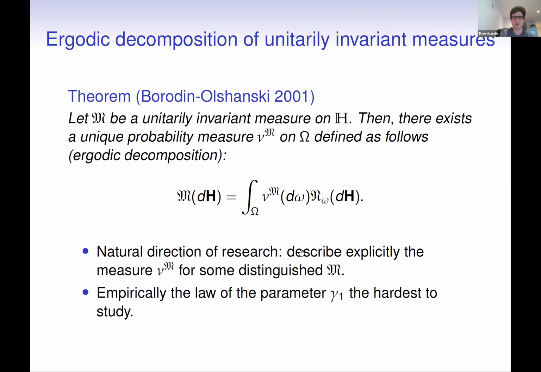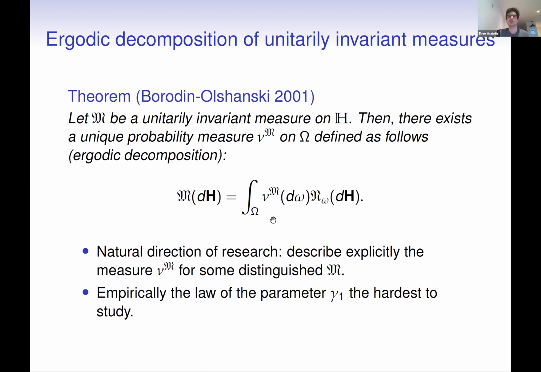But a natural direction of research is, if you have a measure here, m, which is interesting and distinguished for some reason, then you want to understand how this decomposes into ergodic measures. So you want to understand this probability measure on omega.